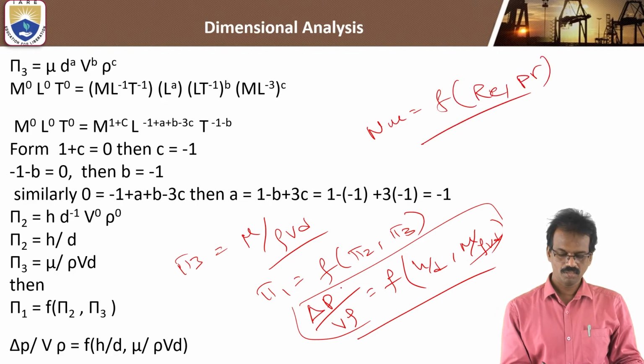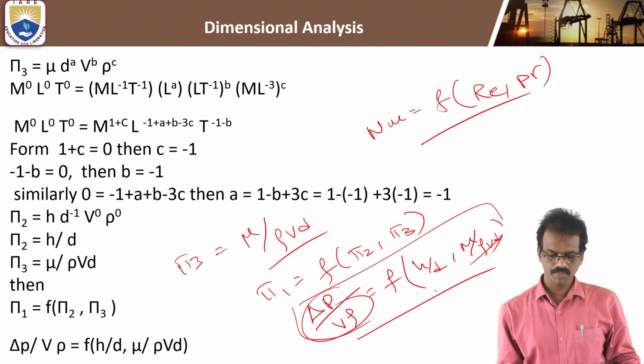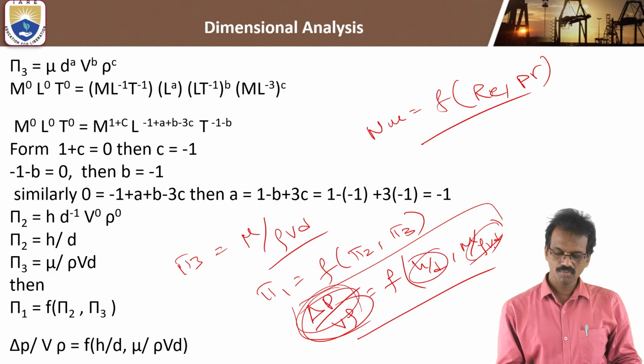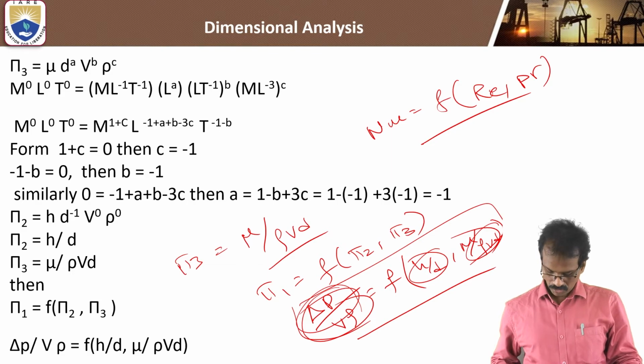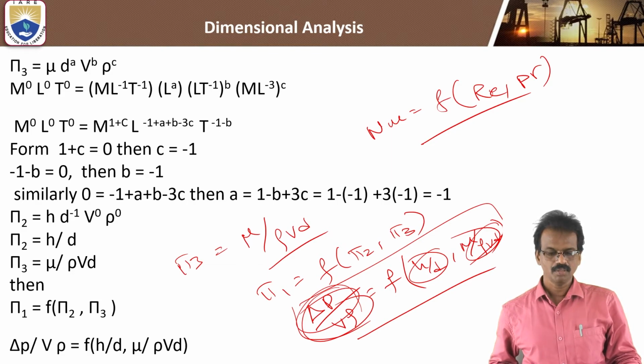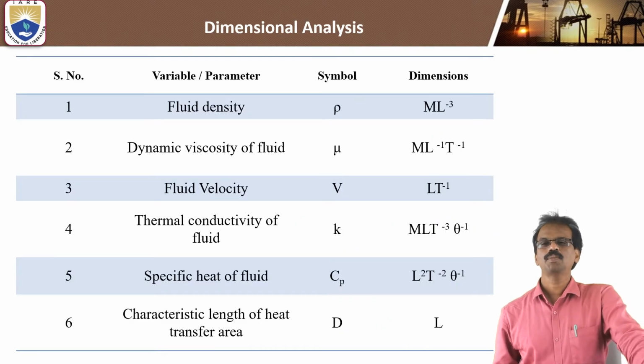So this is dp by v rho is equal to a function of h by d and mu by rho v d. By using these pi terms, we can solve problems like this one. This way we can solve the dimensionless group formulas. Okay. Now we'll see one more problem.